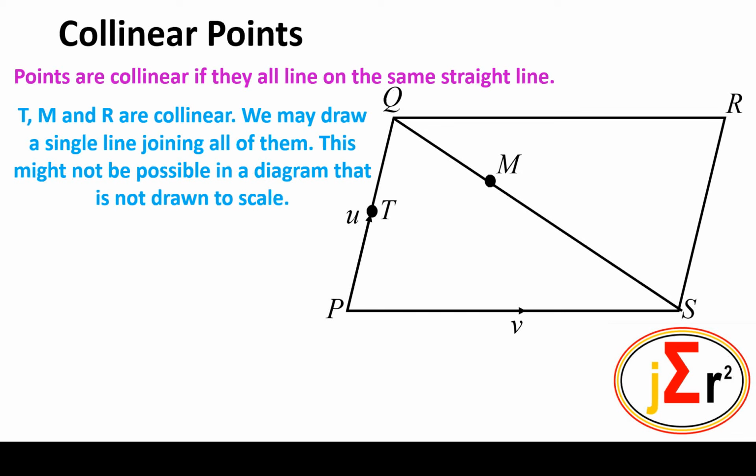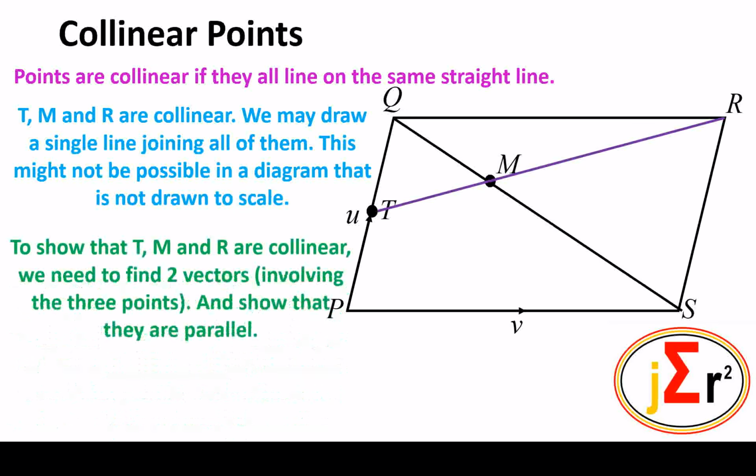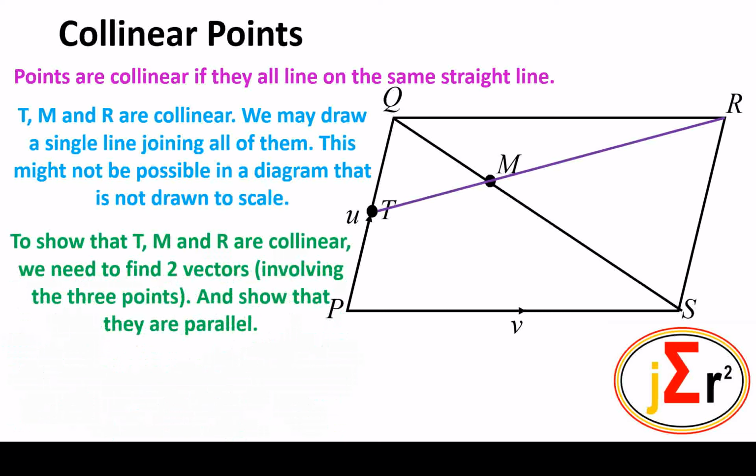Although it might not be possible in a diagram that is not drawn to scale. This one, not drawn to scale necessarily, but it also shows that they are on the same straight line. To show that T, M, and R are collinear, we need to find two vectors involving the 3 points and show that they are parallel.